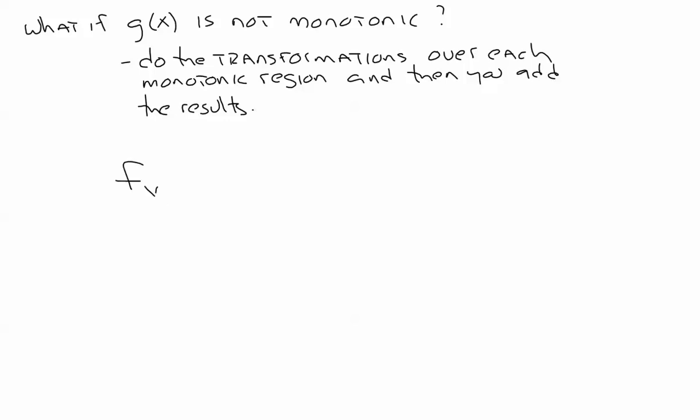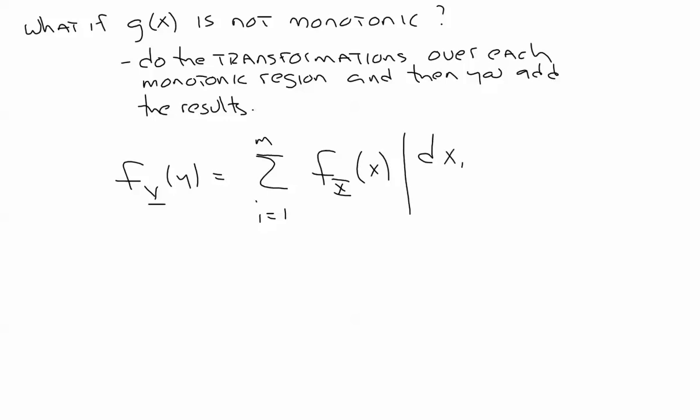The probability density function for y will equal the summation over each monotonic region of the probability density function for x in each monotonic region. This is only a quasi-function.